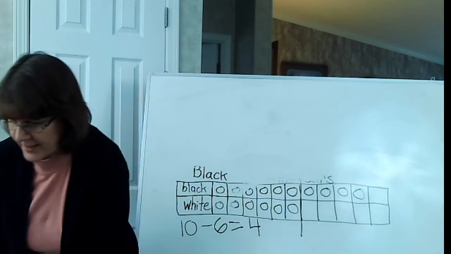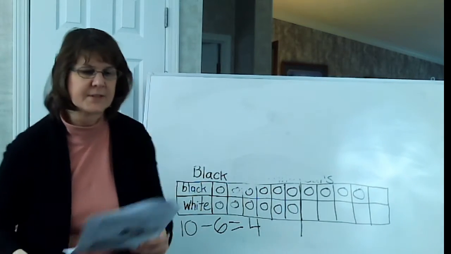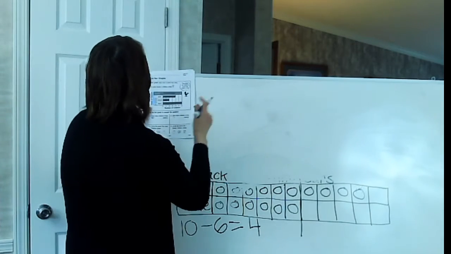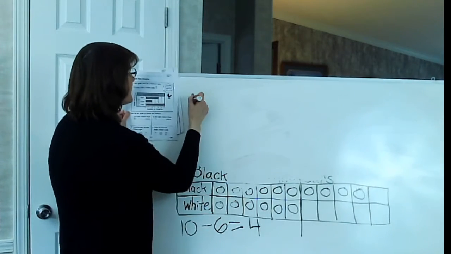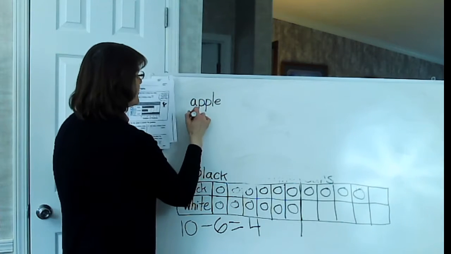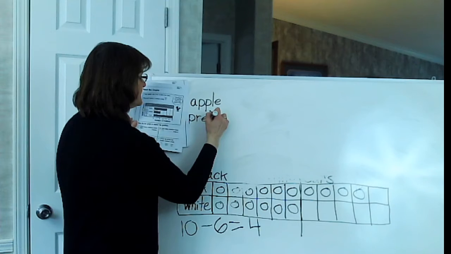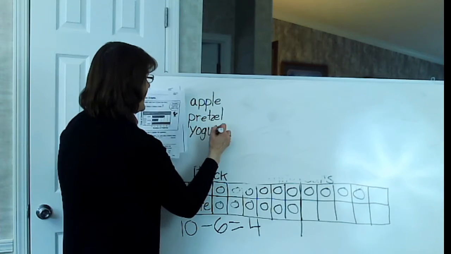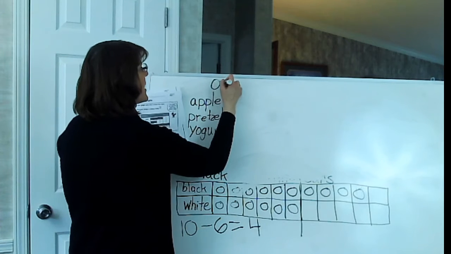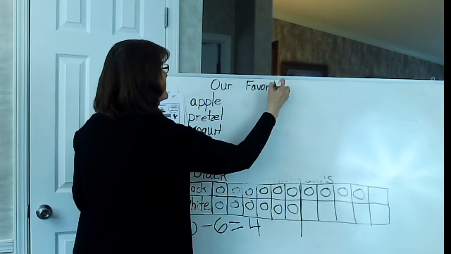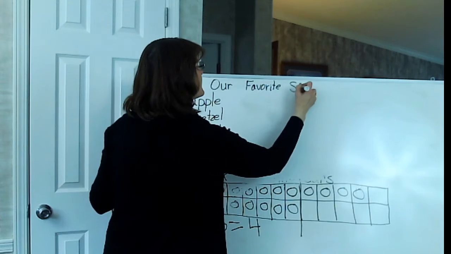So now on this page, we have our favorite snack, and they were talking to some children, and they're looking at if the kids like apples for a favorite snack, a pretzel, or yogurt. And the label at the top was our favorite snack.